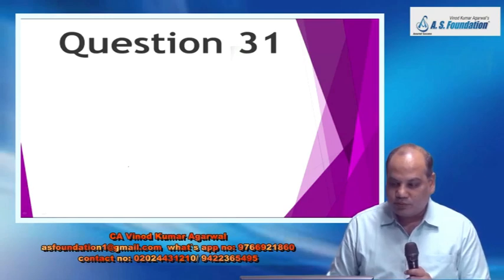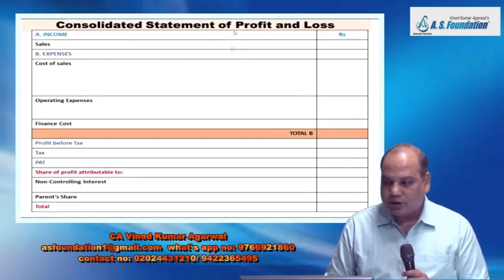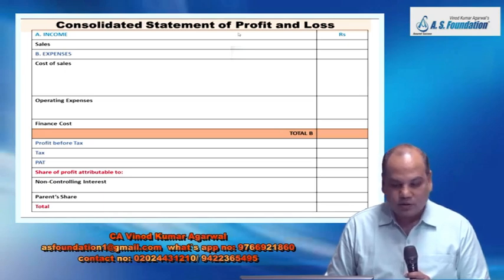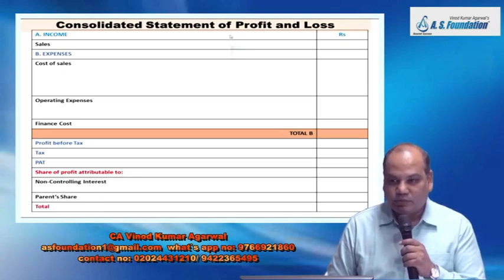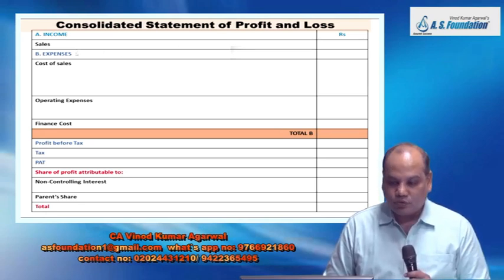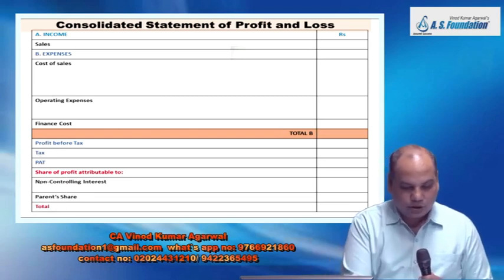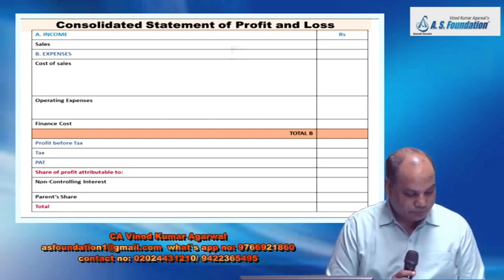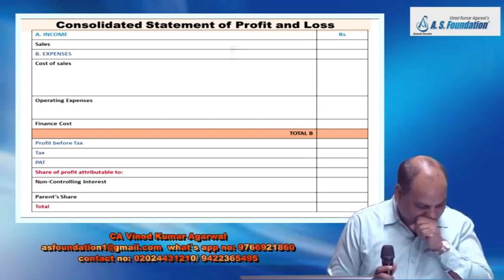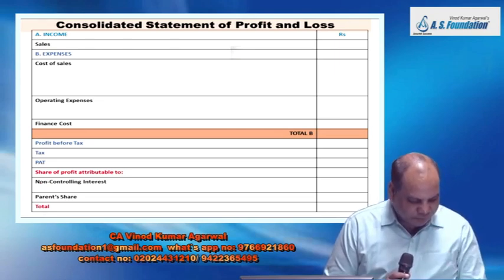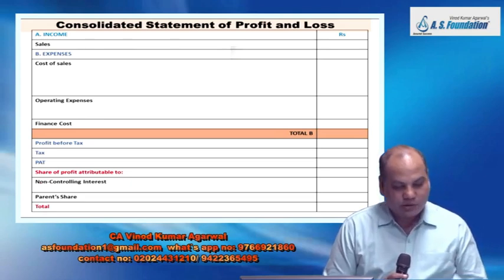So dear student, first come to consolidated statement of profit and loss for the year ended 31st December 2017. So start. Sales. First take total of both companies. What is the date of acquisition in this problem? First January 16 means last year.